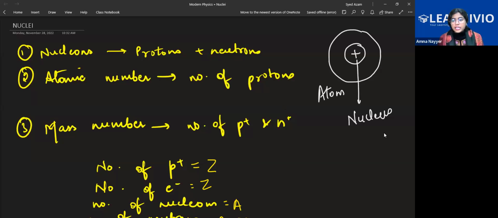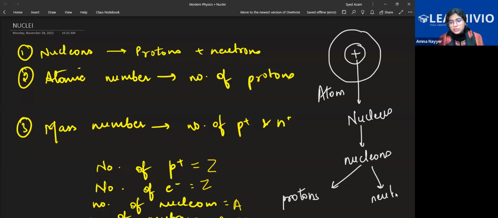Now the nucleus has material known as the nucleons. Nucleons are made up of the protons and the neutrons.